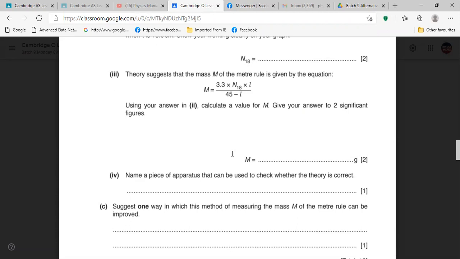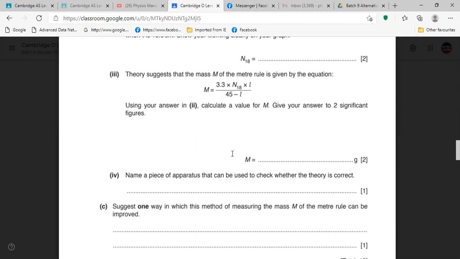Which apparatus do you use? Sir, measuring balance, top pan balance. Yes, sir, balance. Top pan balance we can use. Then digital balance. Any balance, you can write balance only. That is also correct.